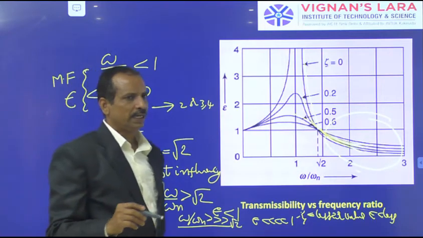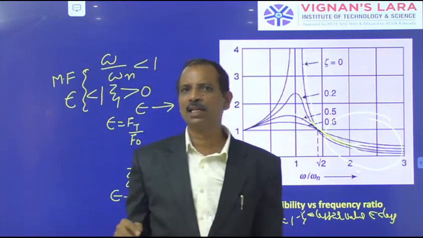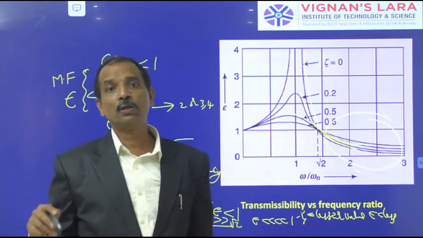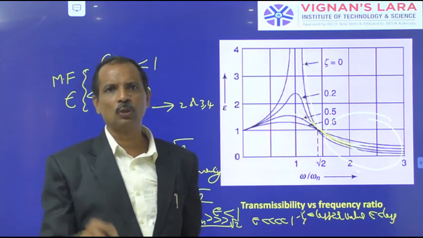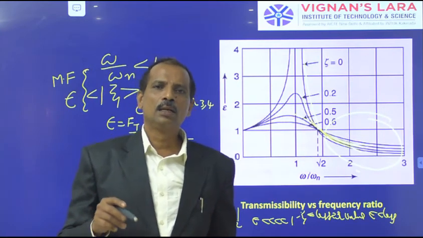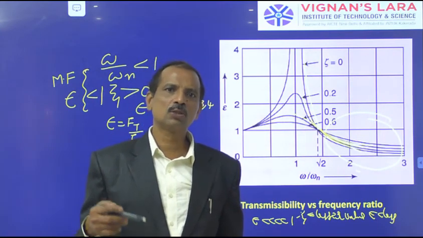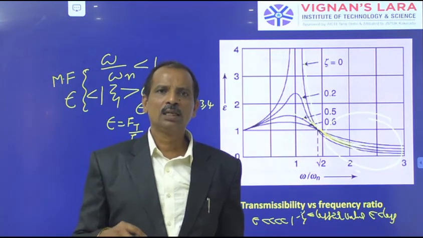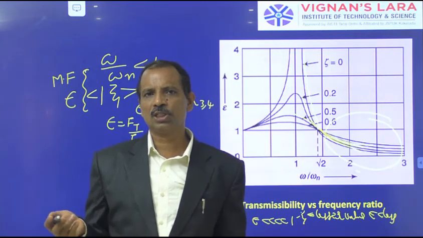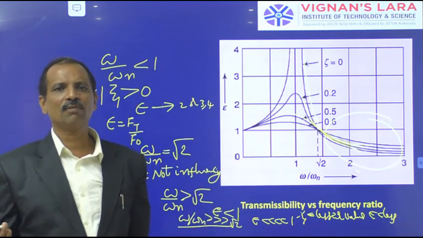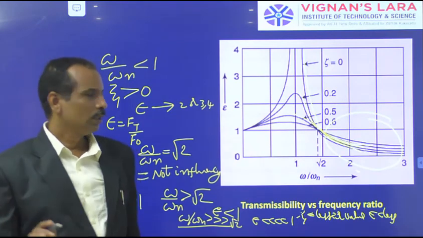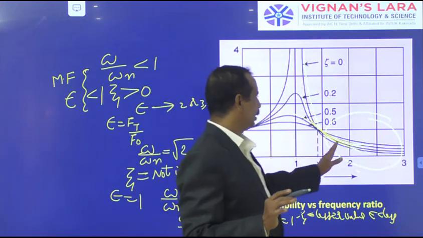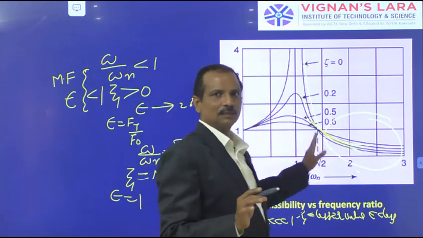That means it suggests that higher speeds with respect to the natural frequencies will run the equipment in a smooth manner, giving very little force or displacement to the foundation or its surroundings. But keep in mind, if you want to come to this state, you have to pass through this.